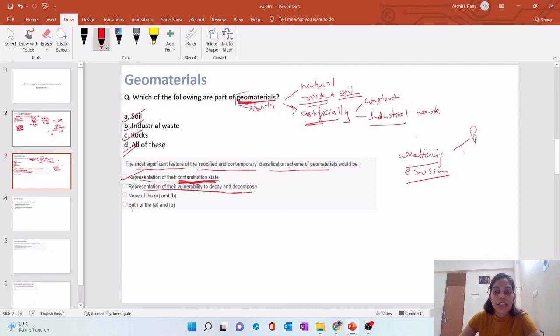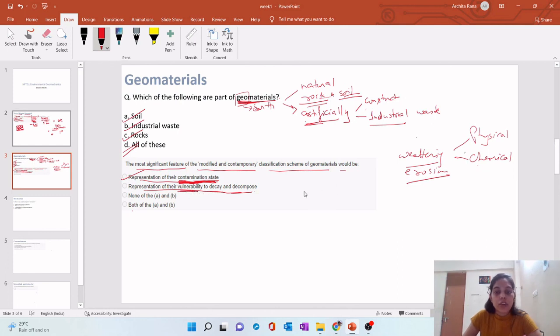For example, physical weathering, chemical weathering. All of these physical and chemical weathering could affect the contamination state, could affect the soil or rock, and hence the vulnerability.